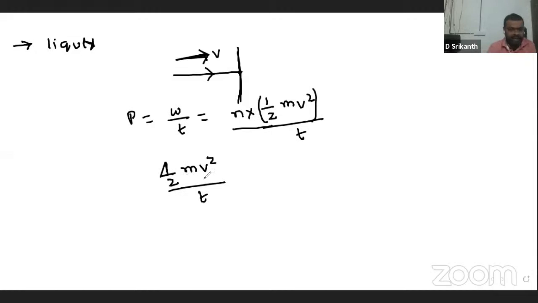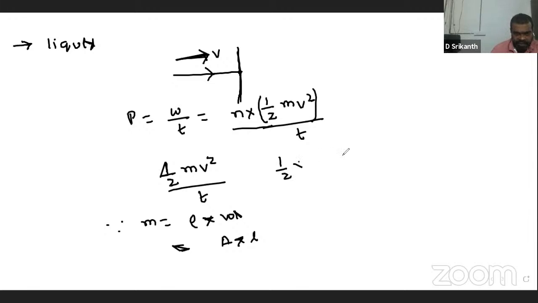This we can write as, mass equal to density into volume. Since mass equals density into volume, volume we can write as area into length. So half into density into area into length into velocity square, v square by t.